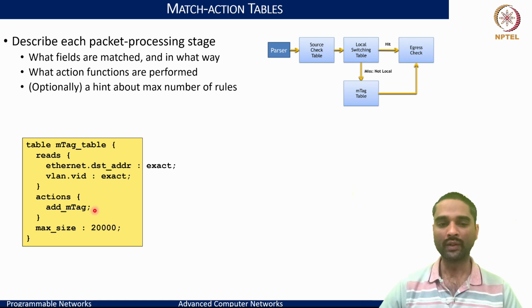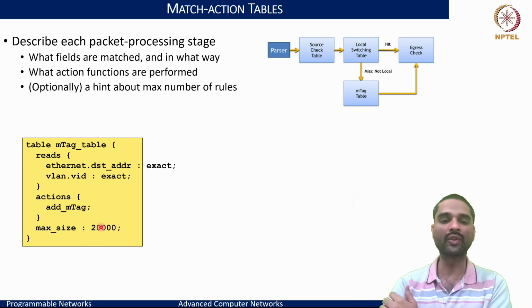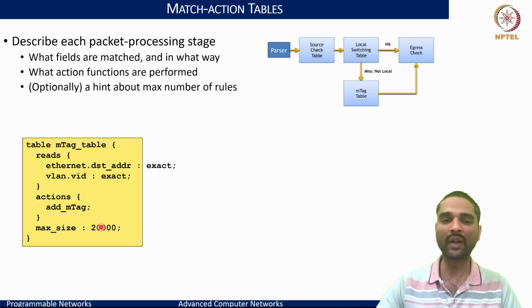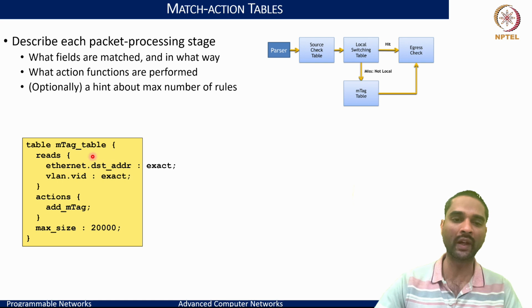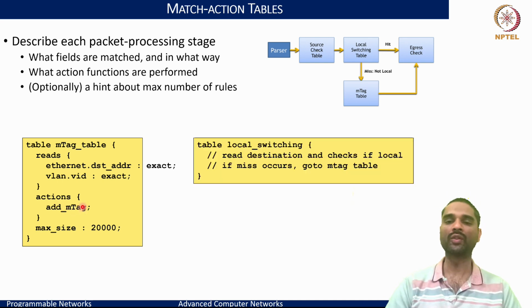The max size of this table would be 20,000 entries. So the depth of this table M tag is defined as 20,000 entries, and all the matches that we want to do on Ethernet and VLAN are exact matches. And the action here is to add the M tag.